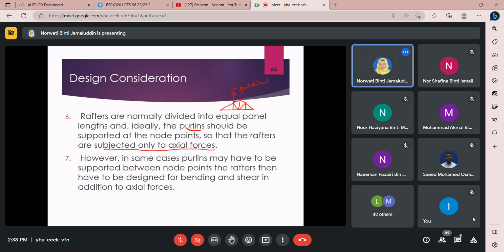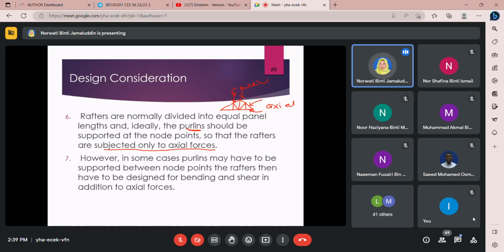So if you have the purlin located at the knot, the load will transfer from the purlin to the knot. Then your truss member will be subjected to only axial force, if you can make sure the purlin sits on the knot. As I said earlier, if the purlin sits in between knots, there is bending.